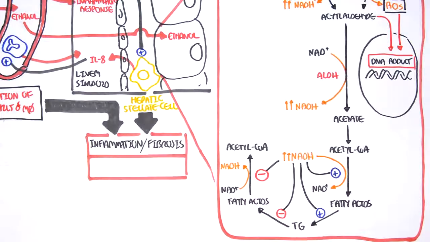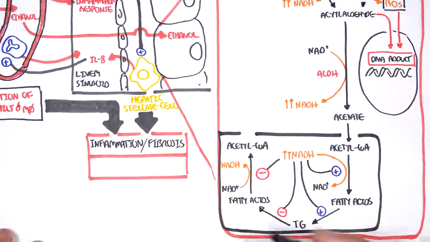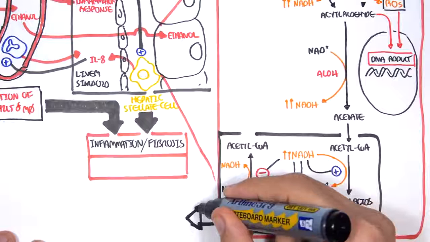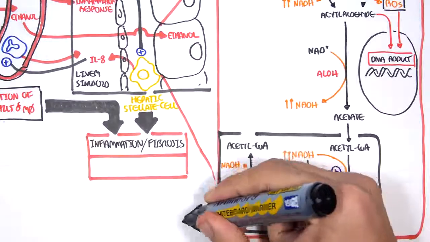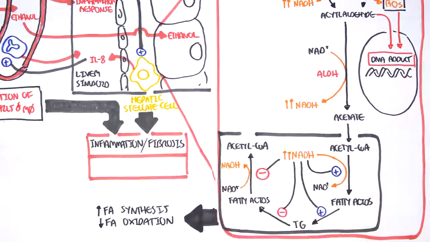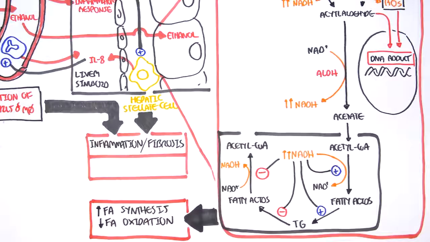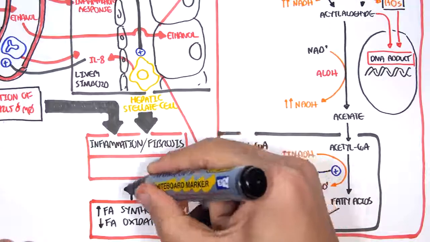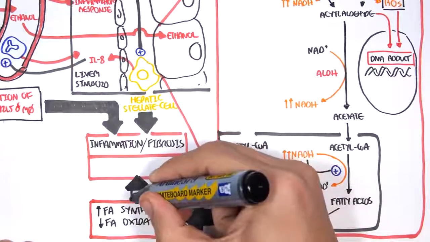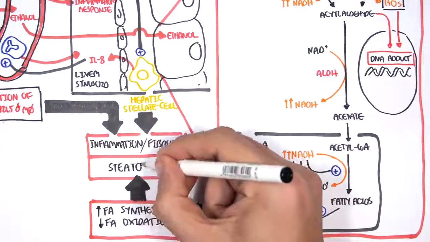But in summary, this is the main concept we have to take out of excessive alcohol intake. When we have excessive alcohol intake, this results in an increase in fatty acid synthesis, but a decrease in fatty acid oxidation, so fatty acid breakdown. When this happens, it basically means that we have a lot of fat in the liver, and so this results in steatosis.